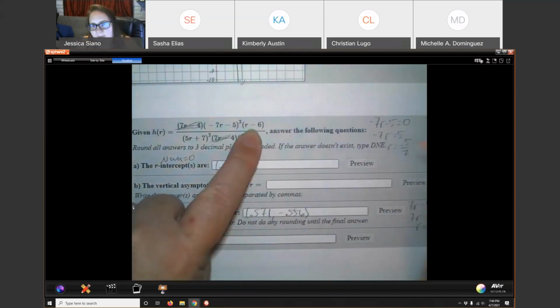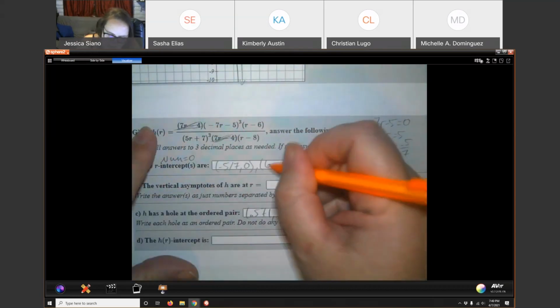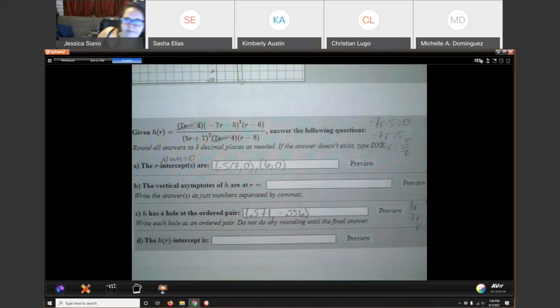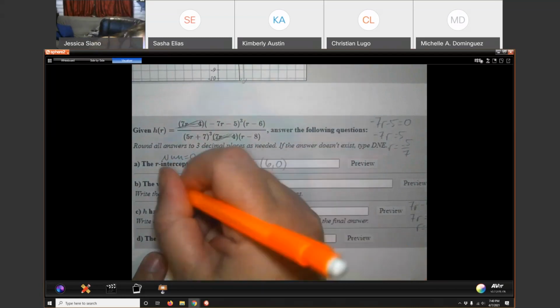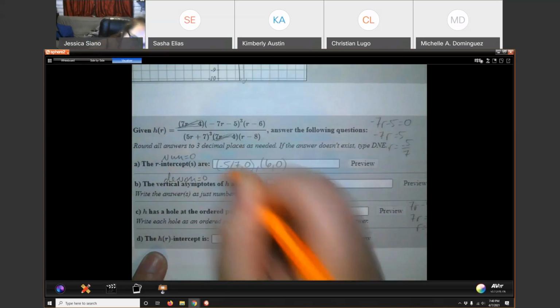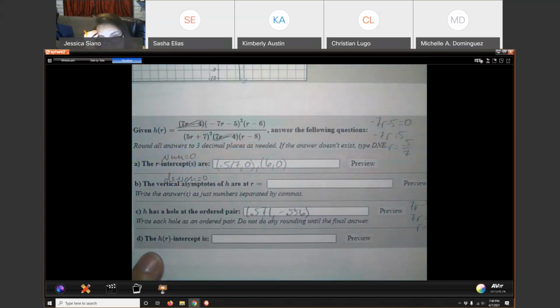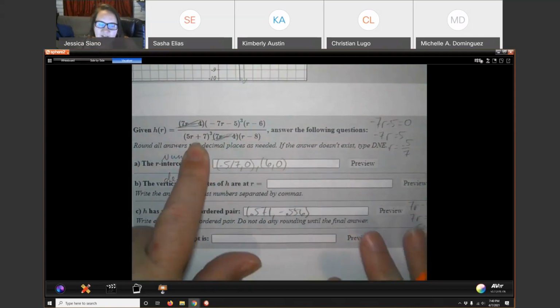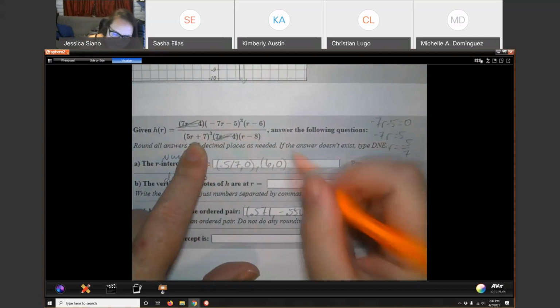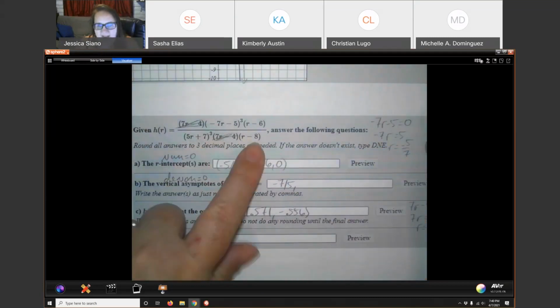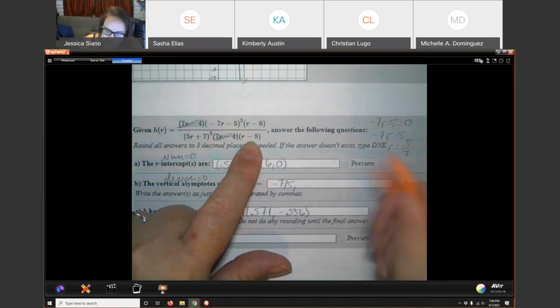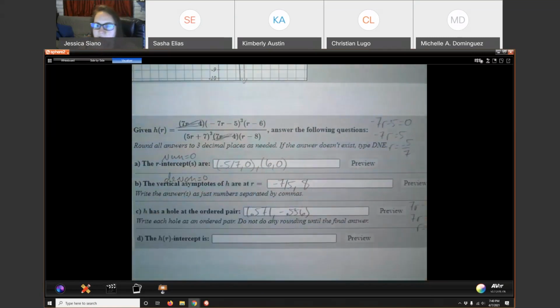And then if I set r minus 6 equal to 0, I'll just get 6. My vertical asymptotes happen at the places where my denominator equals 0. Again, that is after my reduction. So if I set 5r plus 7 equal to 0, I will have -7/5. If I set r minus 8 equal to 0, I will have r equals 8.